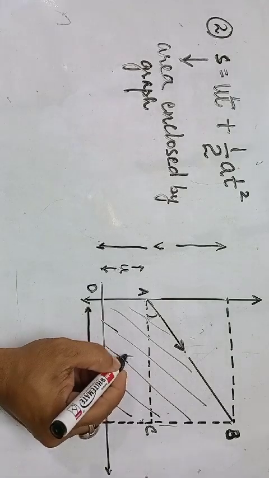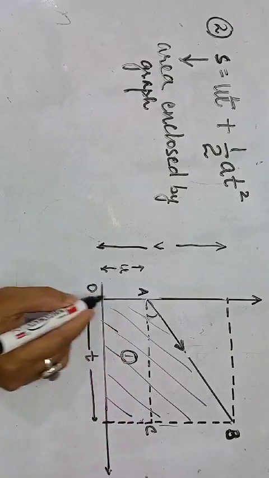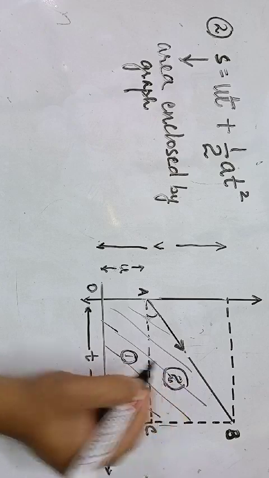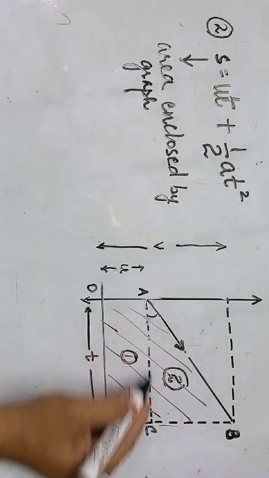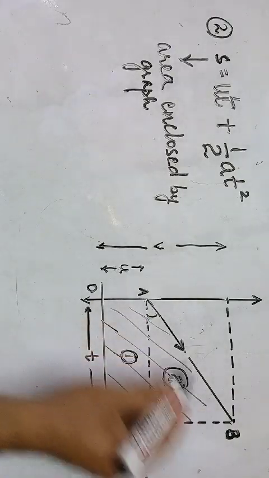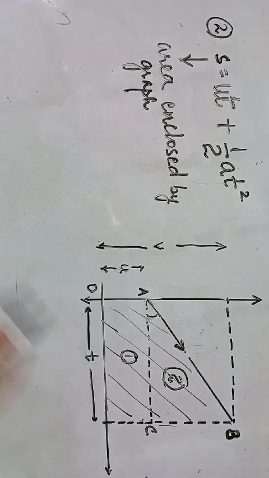So this is the first one, which is in the form of a rectangle. And this naturally is the second shape that we have, which is in the form of a right angle triangle. So when you combine 1 and 2, you get the overall area enclosed between this graph and the x-axis.